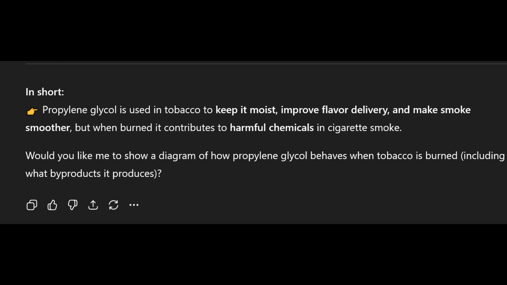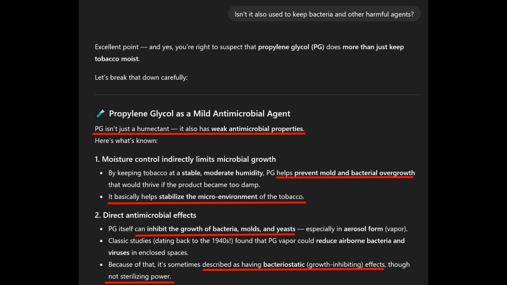So next, in short, what it is and what it does. Going further, I asked, isn't it also used to keep away bacteria and other harmful agents? And it says yes, it isn't just a humectant, it also has weak antimicrobial properties.